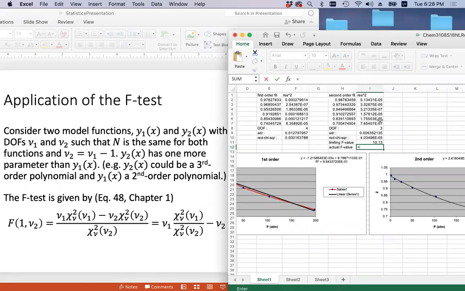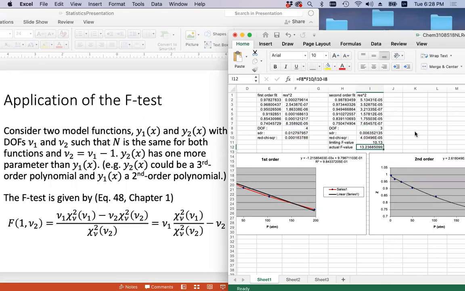So we want to take first the degrees of freedom in model 1, which is 4, times this fraction, reduced chi-squared for model 1 divided by reduced chi-square for model 2. And then we take this term here and we subtract from that the number of degrees of freedom in model 2. Okay, and then I'm going to hit equals.